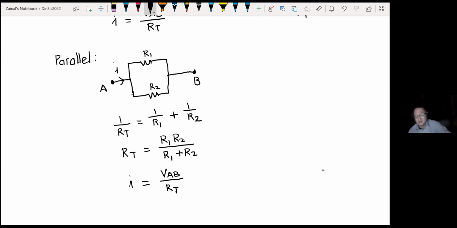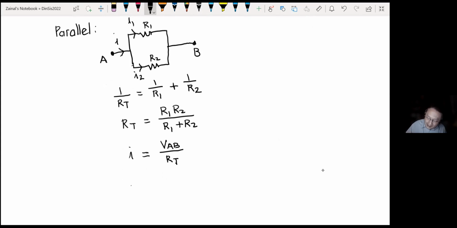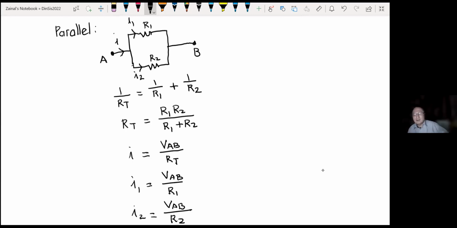If you want to find I1 and I2, of course you can find I1 is the same as VAB divided by R1, and I2 is equal to VAB divided by R2, which is simple, right?